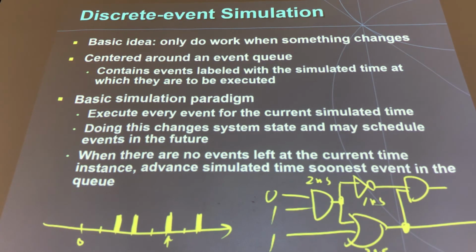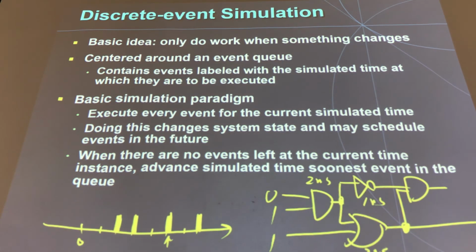In real hardware operation, the input signal is continuously evaluated to get the output value. The output value keeps changing based on the input, every minute, every second, every nanosecond. But for simulation, you cannot do that.